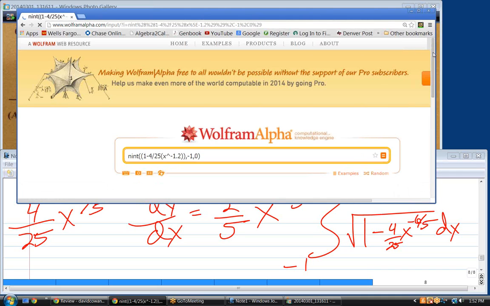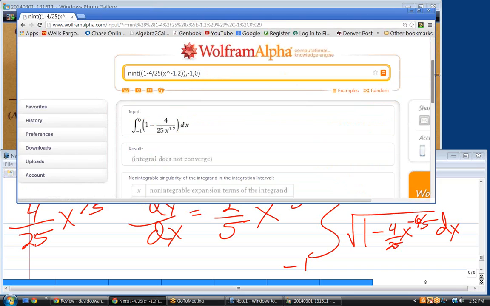The beauty of Wolfram Alpha is it'll give you feedback so you'll know whether you put in the right thing. Don't just go with it. That looks right, doesn't it? No, it doesn't have the square root of it. So I need the square root of it. So if I put another paren right there, oops, and another paren right there, and this one I want to raise to 0.5.